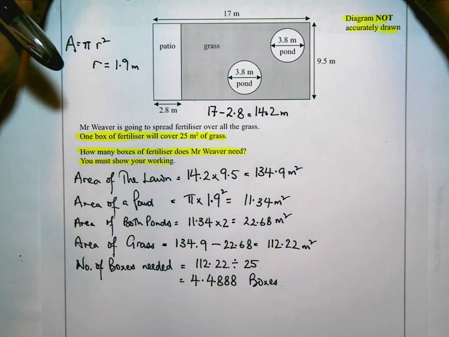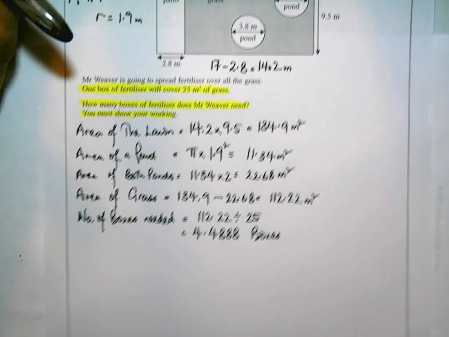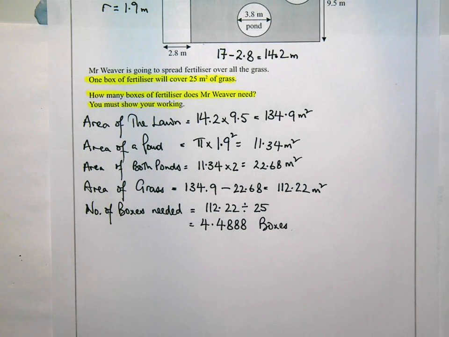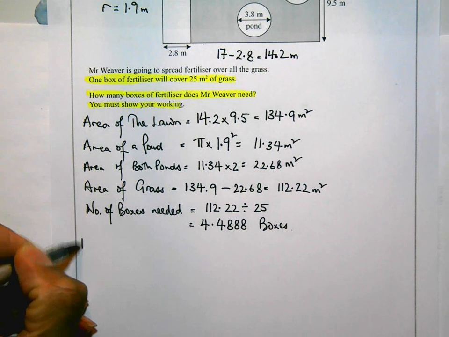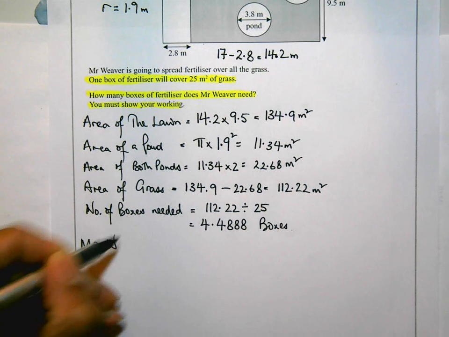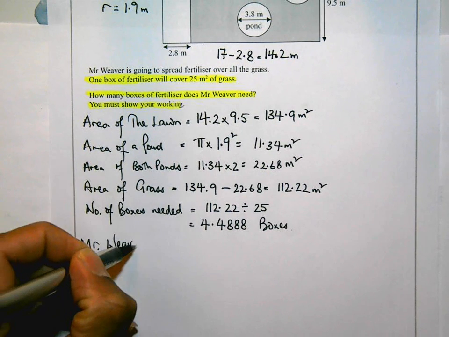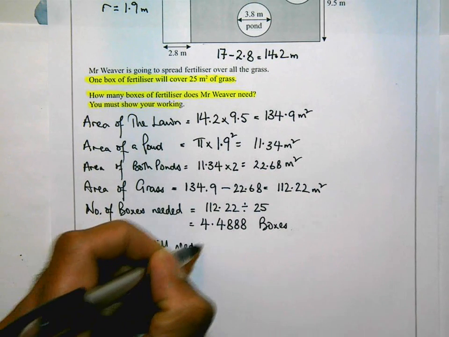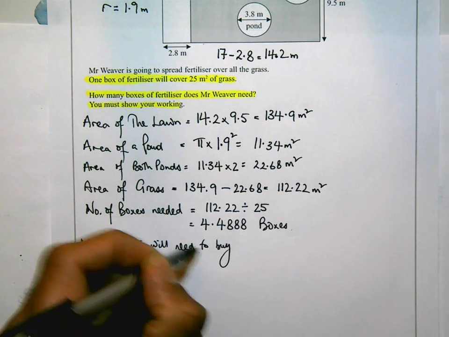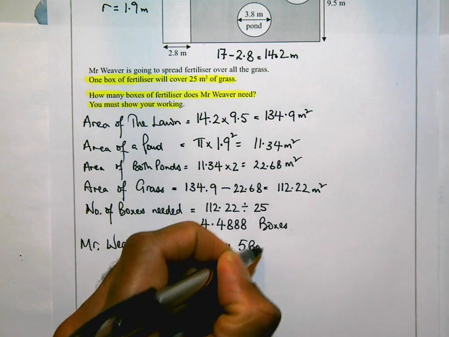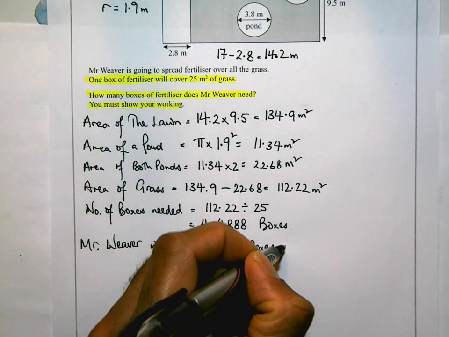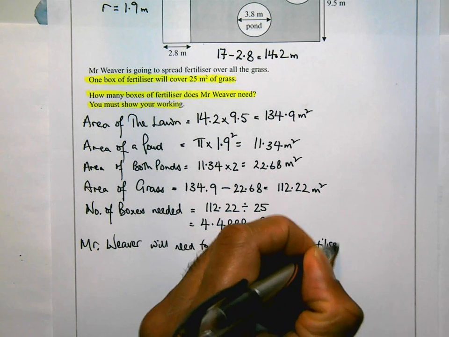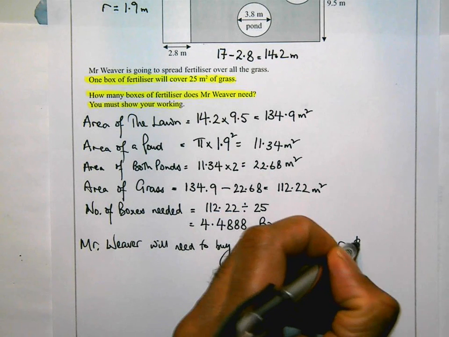So I need to write my sentence now, the bit at the end. And what do I need to put for that? I need to put that Mr. Weaver will need to buy 5 boxes of fertilizer to cover the grass.